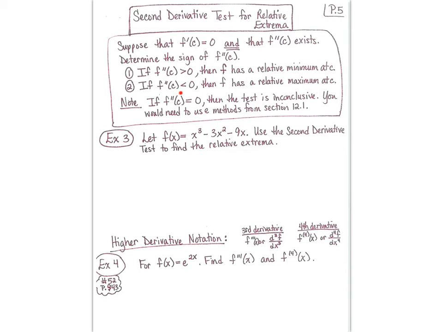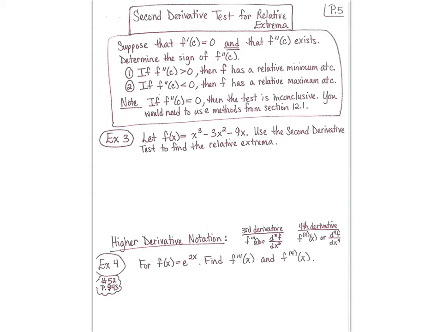If f double prime of c is less than 0, then f has a relative maximum at c. Note, if f double prime of c equals 0, then the test gives you no information. It's inconclusive, and you would need to use the methods from section 12.1 to find your relative extrema. So in other words, you could use the first derivative test, you can test your endpoints, you can use that information.